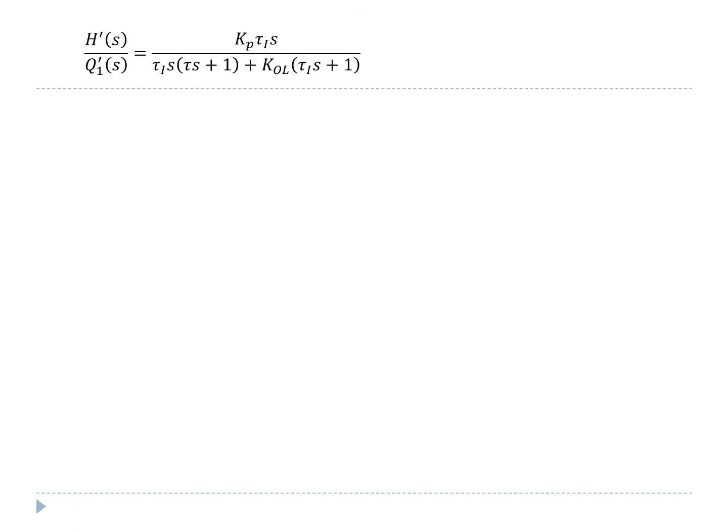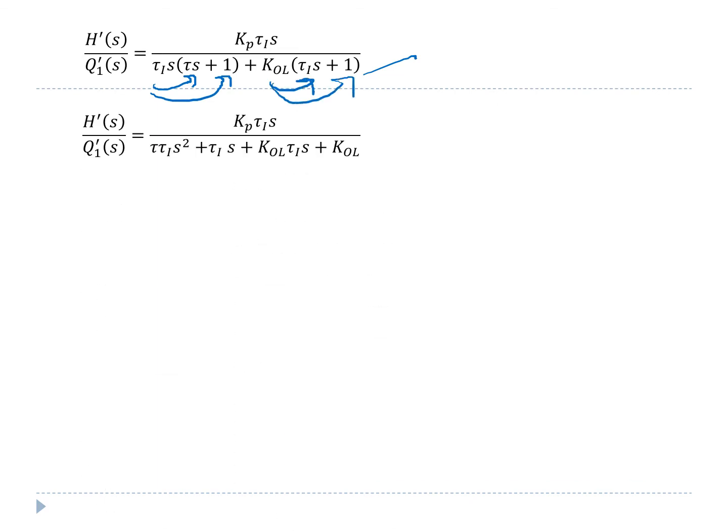Okay, so you have this equation now by expanding the term in the denominator, right? So you will get this equation, and then if you notice, you have the same s term, and you need to gather these s terms together, and you get this equation, right?